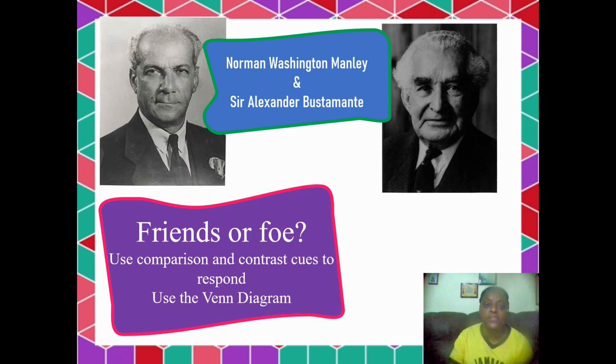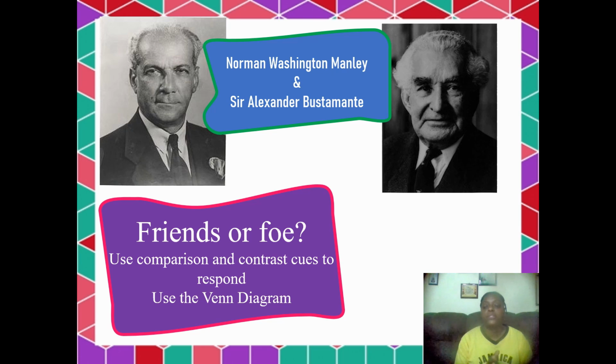These are the two persons of whom I spoke, Norman Washington Manley and Sir Alexander Bustamante. They are Jamaica's founding fathers in our independence. They are those persons who actually pioneered independence. And so we are going to be talking about them in Jamaica's road to independence.